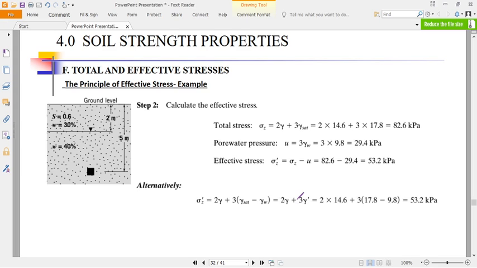So it will be 2 times the bulk unit weight, plus 3 times the submerged, which will be 17.8 minus 9.8. That gives you the overburden stress at this point due to the self-weight of the soil above that point.